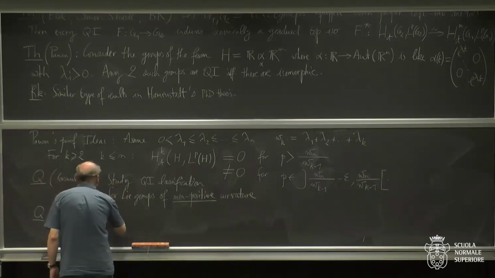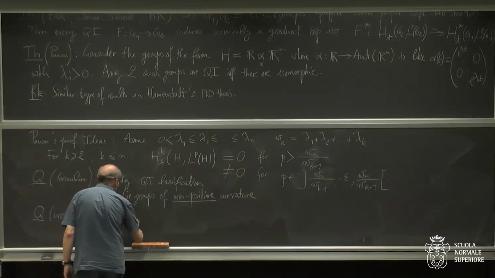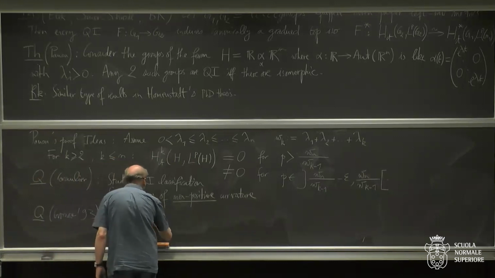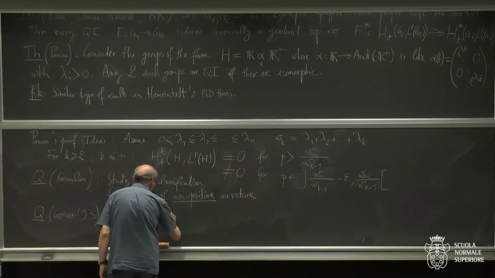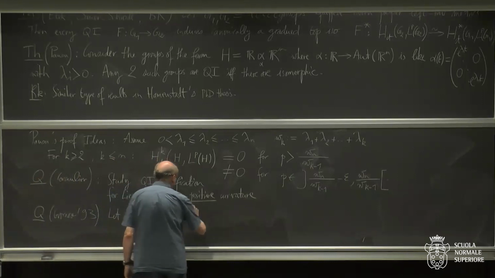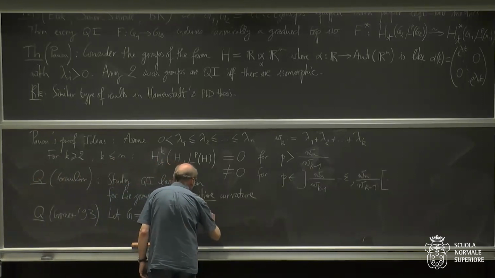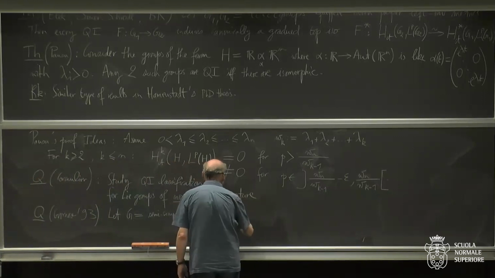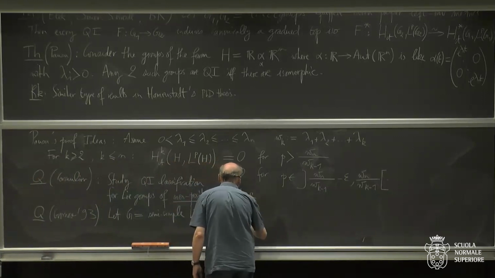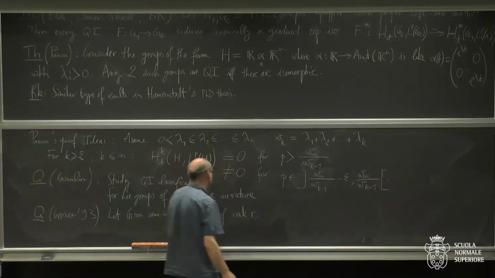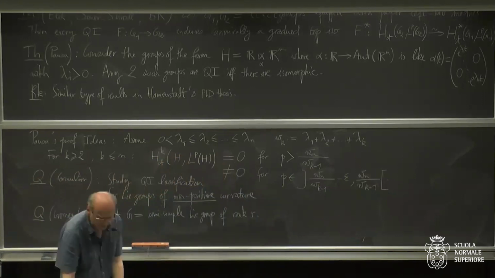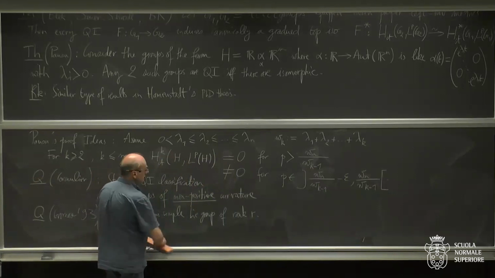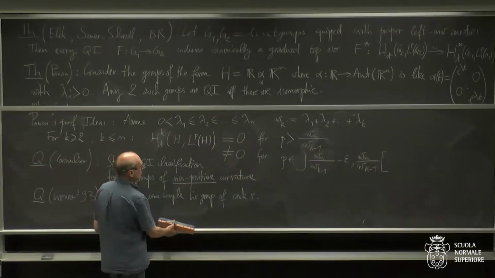So now let G be a semi-simple Lie group of real rank r with finite center, okay? And Gromov asked several questions about the L^p-cohomology of this group.